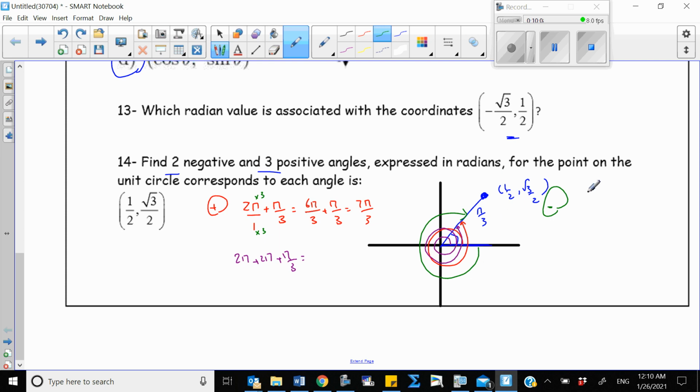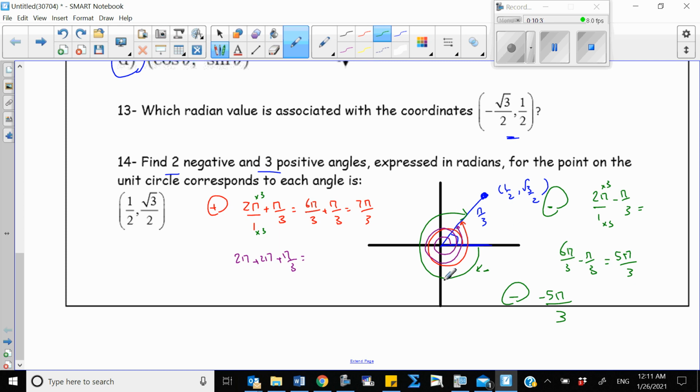So 2 pi minus pi over 3. The same way I find the common denominator, so this will be 6 pi over 3 minus pi over 3, and it's 5 pi over 3. But notice that we are moving to the negative direction. So the negative one will be negative pi over 3.